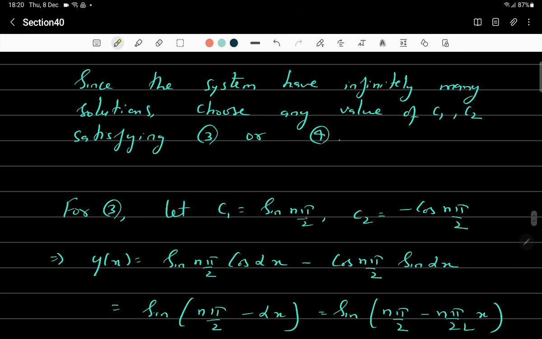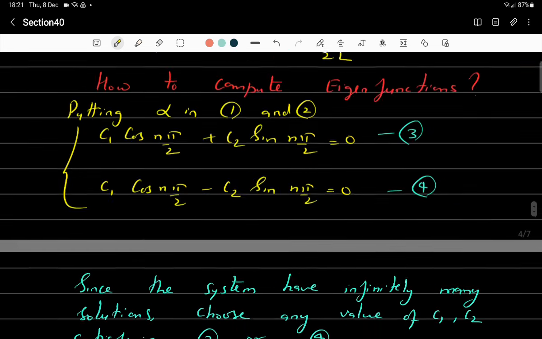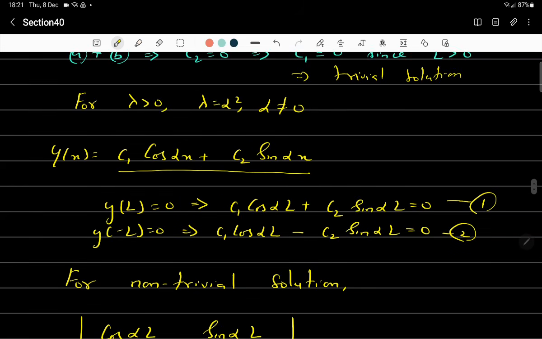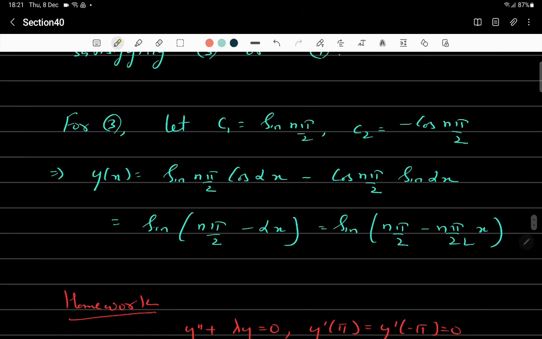So if I take c1 as sin n pi by 2, c2 as minus cos n pi by 2, it satisfies equation 3, or you can consider equation 4, doesn't matter. Once you consider this, you put the values of c1 and c2 back into the eigenfunctions. So when you put it back, it becomes sin a cos b minus cos a sin b, which is sin(a minus b), and these are the required eigenfunctions.